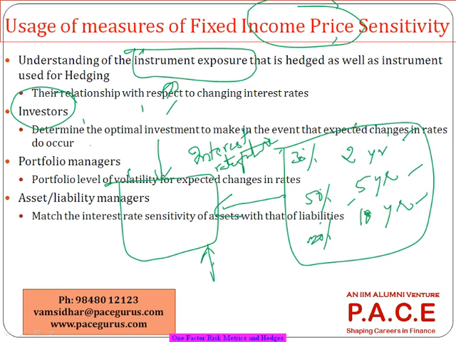And even from an asset liability manager's standpoint, the matching of the various buckets, the sensitivity across the assets and liabilities across the various buckets is something that they would be doing. So for each one of them, understanding how the interest rates are going to impact, and if the interest rates change, what the impact is on their asset liability combination portfolio, is something which needs to be assessed.